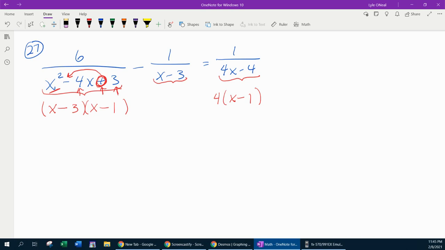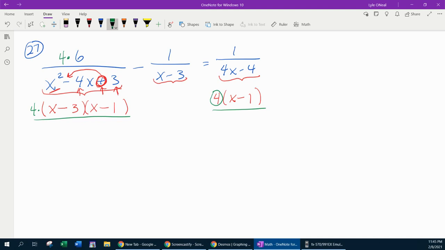Everything is factored completely. Now I can make all the denominators match. So let's see what we need. Notice the last denominator has a factor of 4, and the first denominator does not, so it's going to need a 4, which the top also gets.